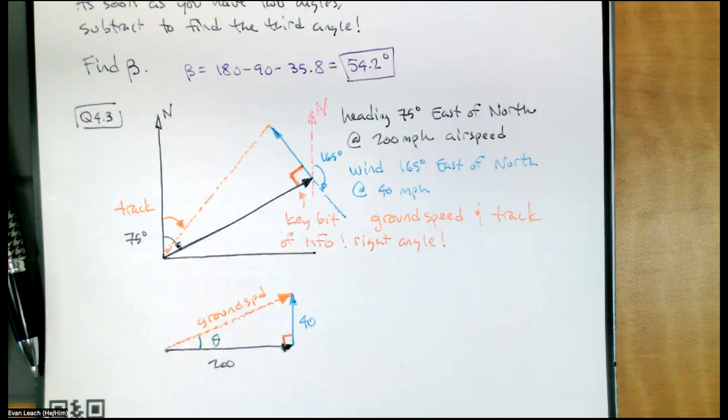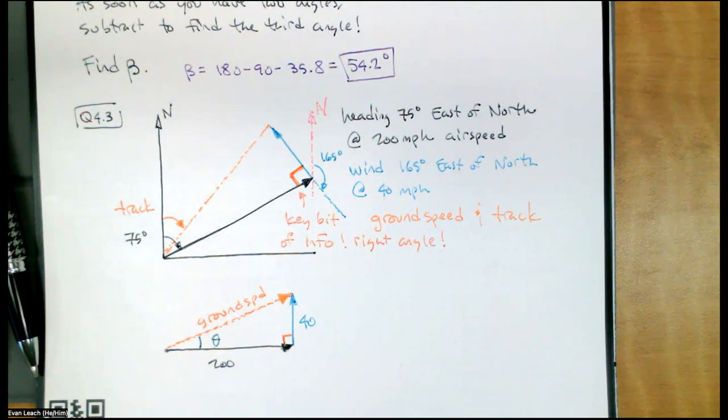Now, the key bit of information here is that the heading of the plane is 75 degrees and the wind is 165 degrees. The reason that this is convenient for us, and why we do this problem early on in our trig careers, is that it makes a right angle between what the plane thinks it's doing and what the wind is doing to the plane.